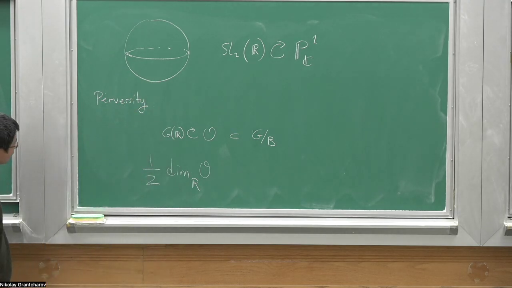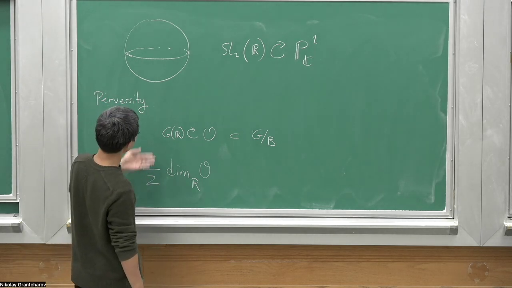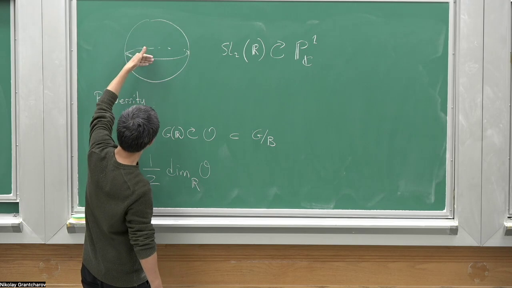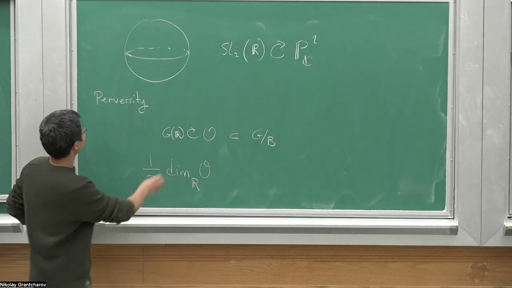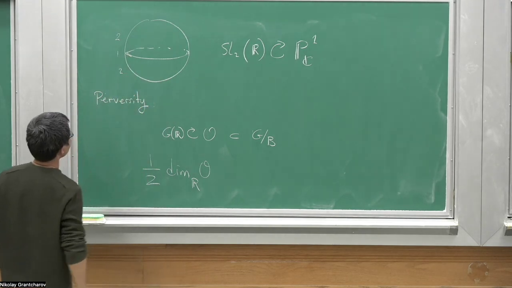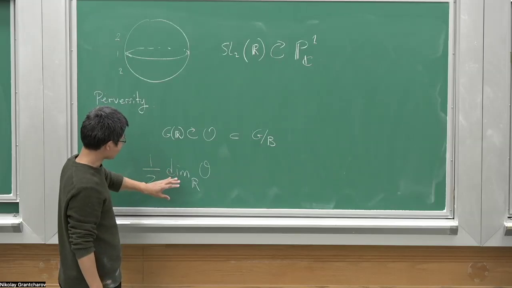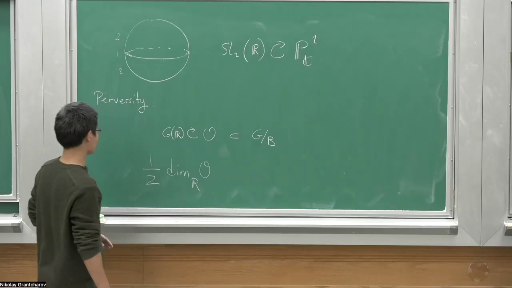First of all, this is not always an integer. These dimensions don't always have the same parity with the real dimension. So real dimension 2, real dimension 1, real dimension 2. We need to make some adjustment to this perversity function.